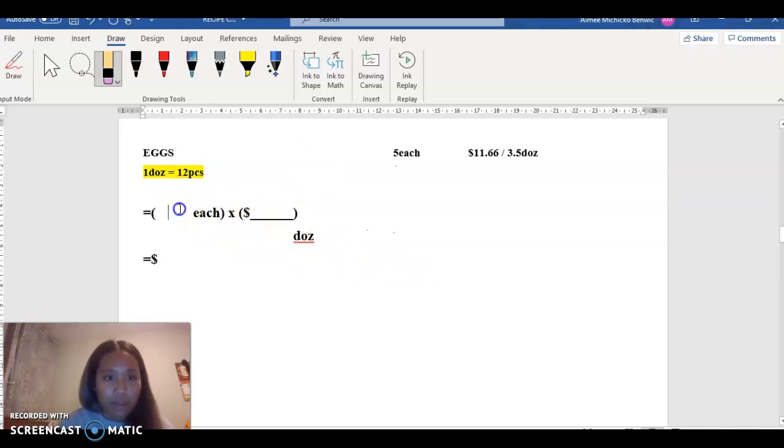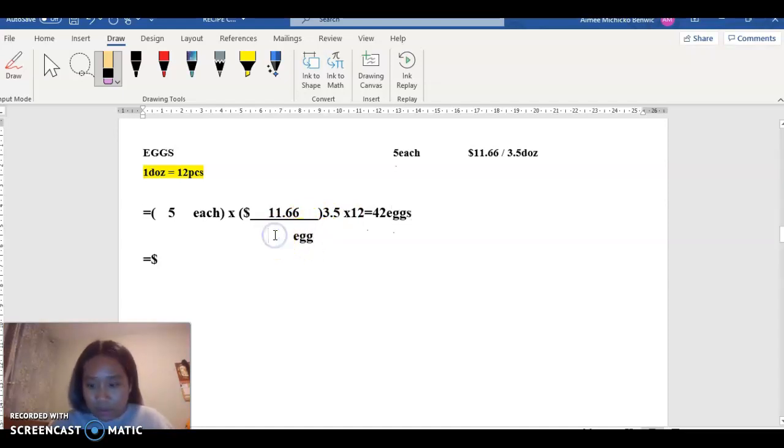We have 5 eggs here, and then we just copy the price of $11.66. Here we need to go to dozen, but we all know that there's 12 pieces in 1 dozen, so 3.5 multiplied by 12 gives us 42 eggs. So here we're going to change this one into eggs to match the unit.